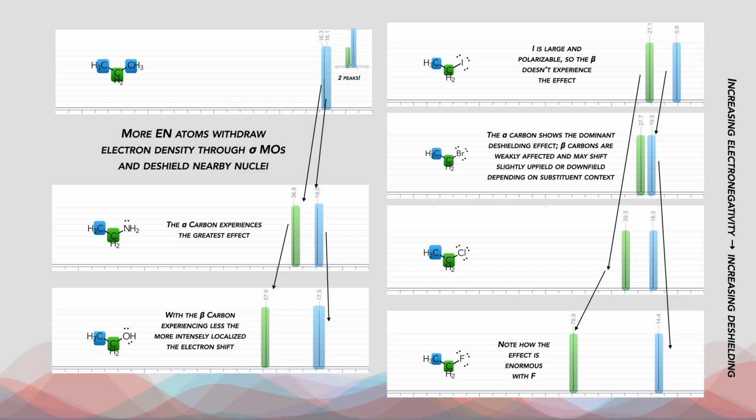Notice how fluorine produces an especially dramatic effect due to its extremely high electronegativity. Larger, more polarizable atoms like iodine distribute electron density more diffusely, so the de-shielding effect is less localized. This is important because NMR chemical shifts are fundamentally sensitive to how electron density is distributed spatially throughout a molecule.